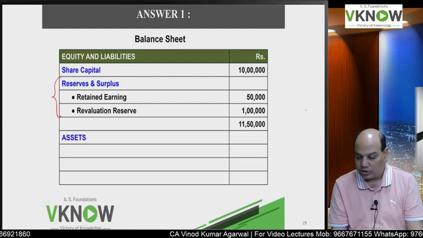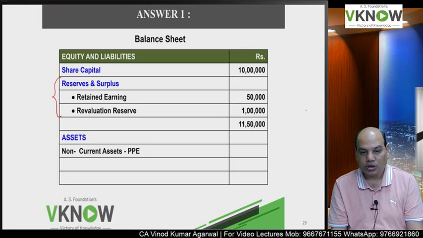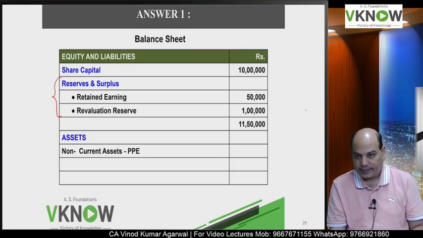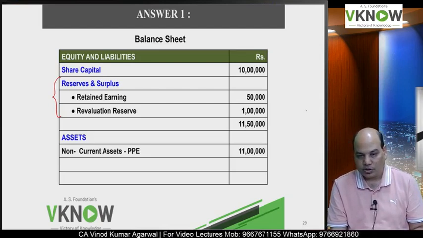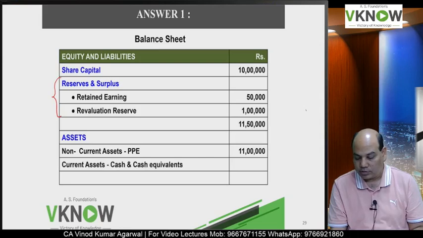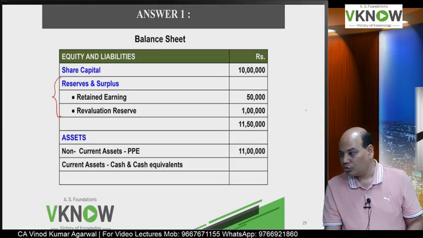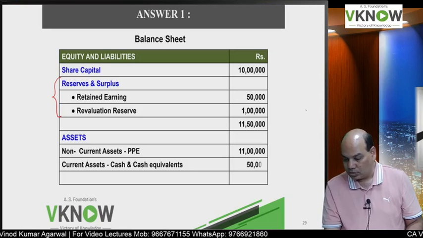So the liability side will have 11 lakh 50,000. Asset side, non-current asset, PPE. How much will you write in PPE? 10 lakh plus 1 lakh, 11 lakh. Assume no depreciation, no taxation, and the remaining 50,000 was earned in cash. The profit was earned in cash. So you will write current asset, cash and cash equivalent, 50,000. Take the total, it is tallying.